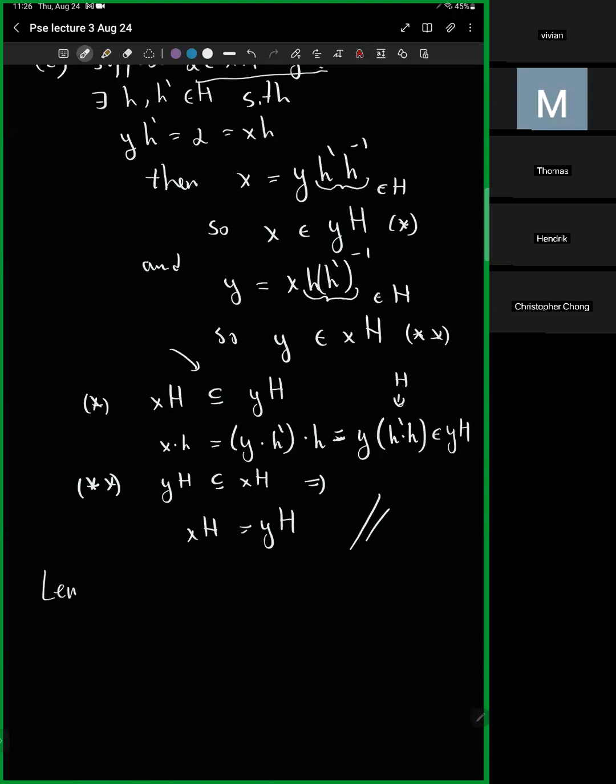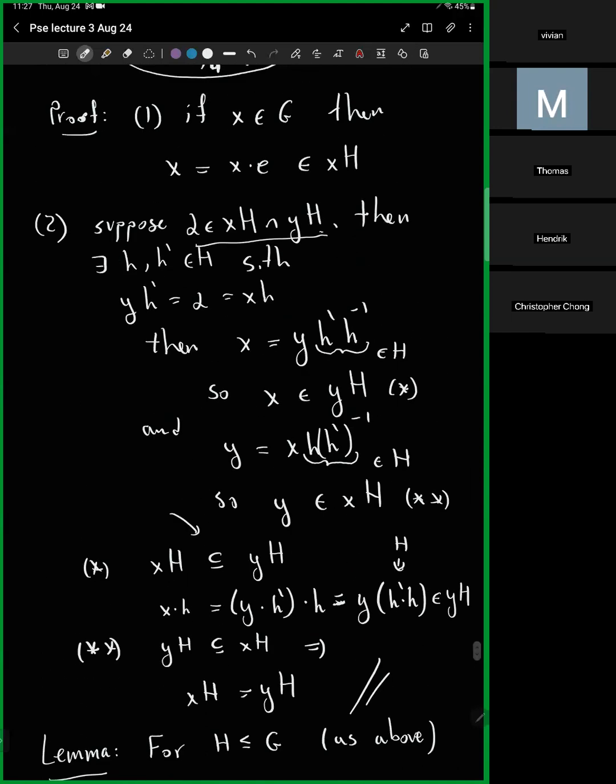Now a lemma for H subgroup of G as above. Now I want a criteria for when two cosets are equal.